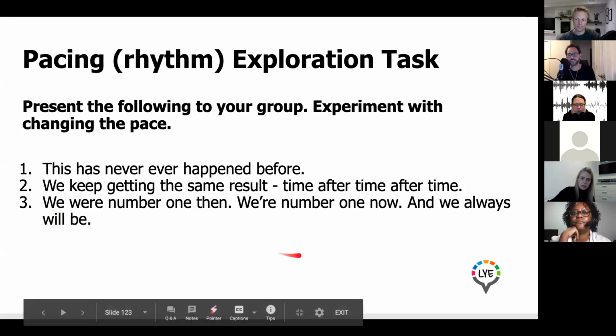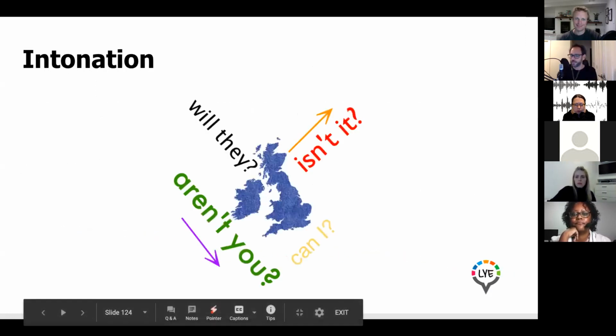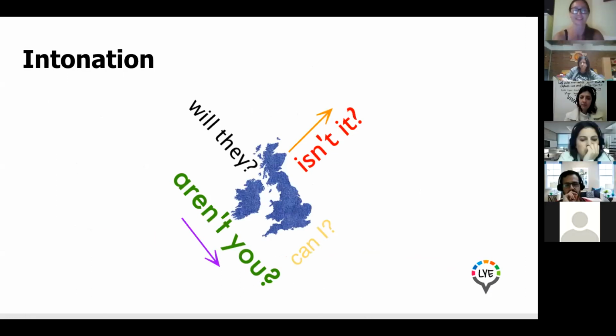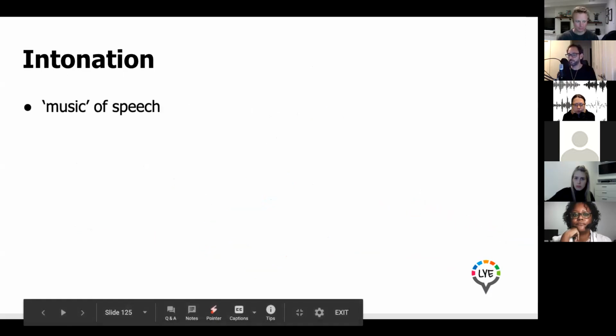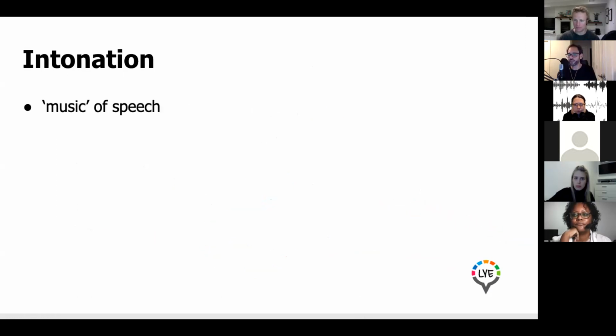Okay, so this is an example of what you can do. Finally, we're getting into intonation now. Intonation can be simply put as the music of speech.